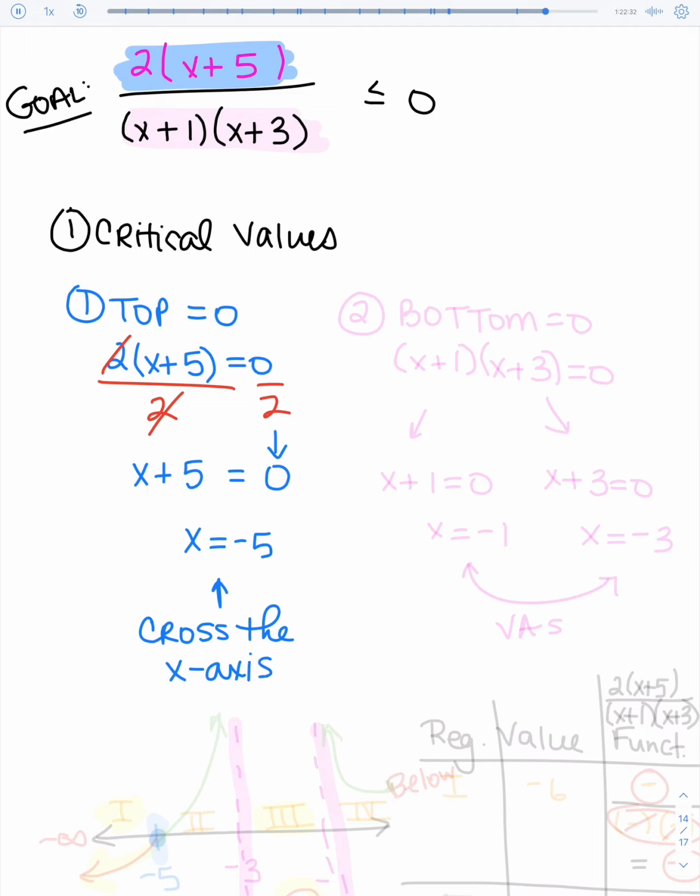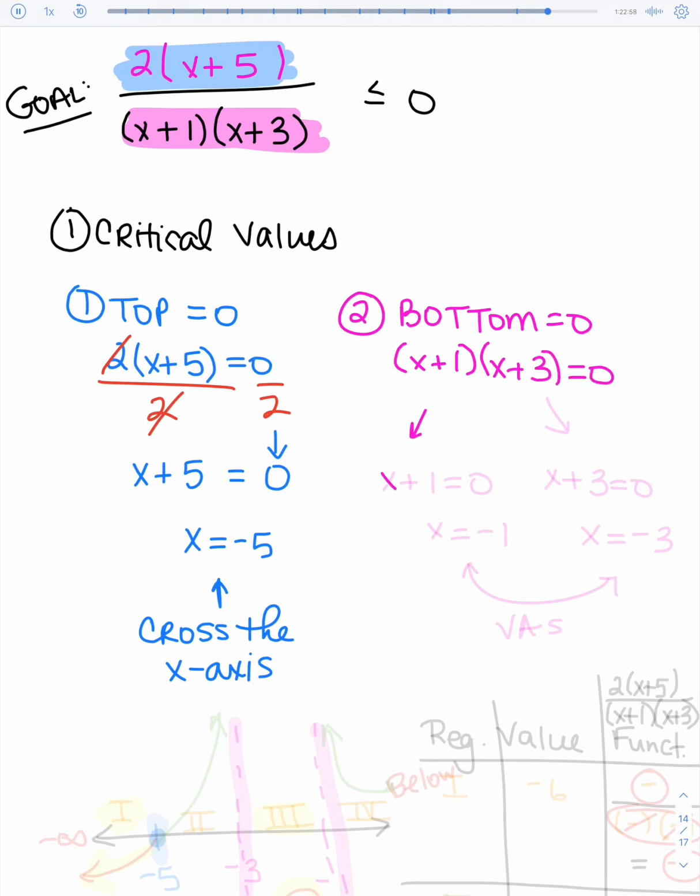The second part of this is to talk about when your denominator equals 0, when your bottom equals 0. And there's going to be two values that make our denominator equal to 0 this time because our bottom has two pieces. So we're worried about either x plus 1 or x plus 3 because it's already factored equaling 0.